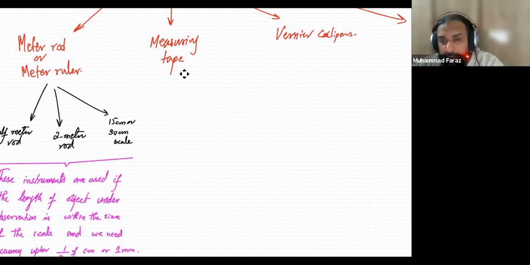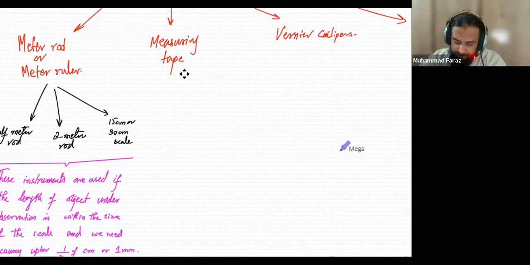We can wrap the measuring tape around a tree and measure its circumference, and then use the circumference formula to find diameter, radius even. It also measures up to 1/10 of a centimeter, like a meter rod.